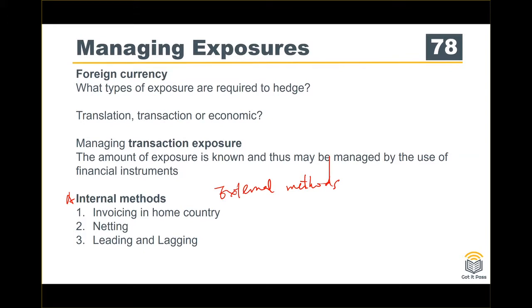Whether it is your supplier or your customer, you can bill the invoice in your home currency, like British pounds. You can also force your supplier, even an overseas supplier, to issue the contract or invoice in British pounds. So it depends on your negotiation and bargaining power.